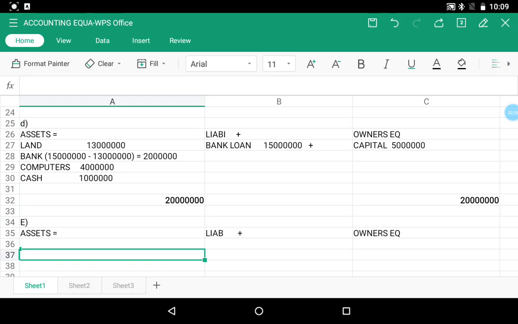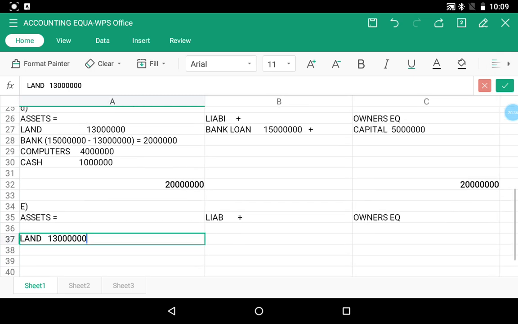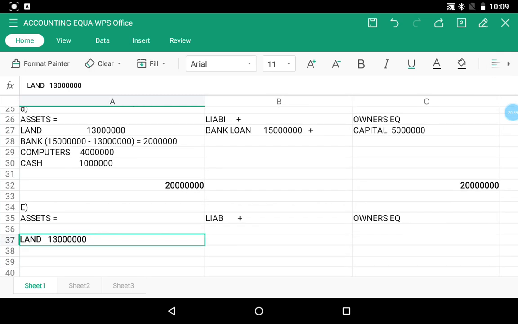In assets, we still have our land, 13 million. Then we have our inventory.